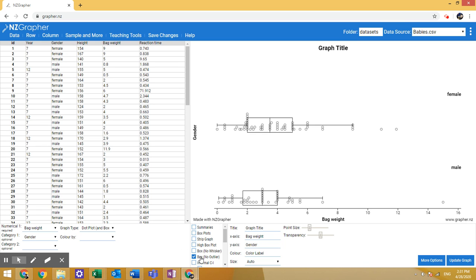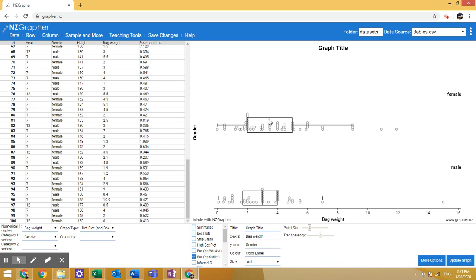Now this particular box and whisker ignores what we call outliers. So we take the distance of our box and we go 1.5 times, and anything that's outside there is ignored as too big, too weird, too strange. Okay, so the last thing I need to put on there is what I'm going to call an informal confidence interval, these little blue bars.